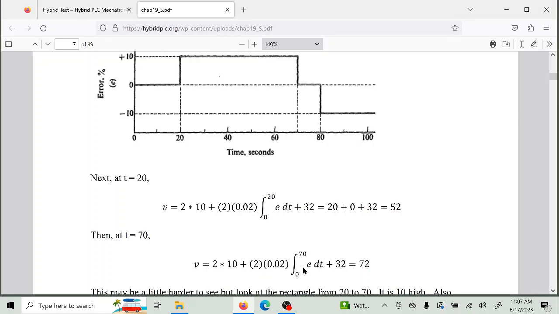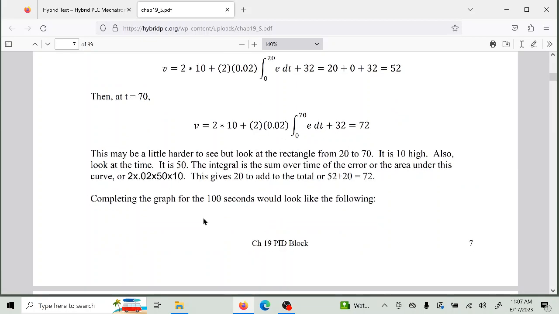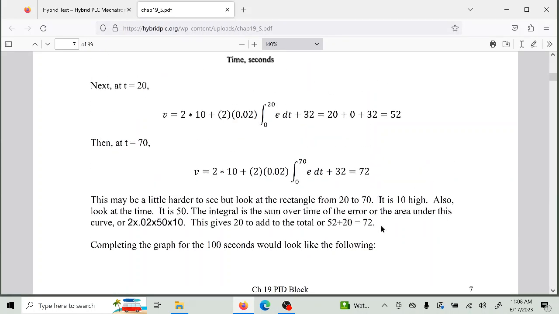So 2 times 0.02 times 50 times 10, which is our error, is 20. That gives us 52 plus 20, or 72. So at 70, we've climbed to a value of 72.